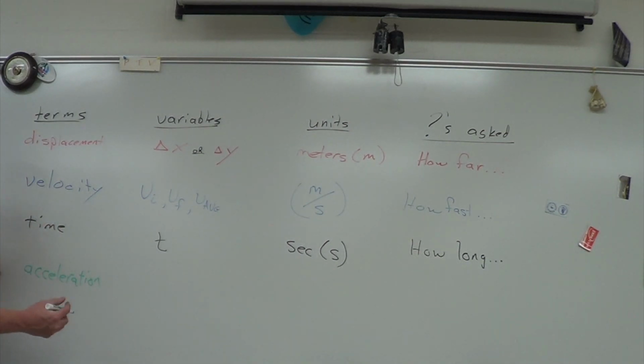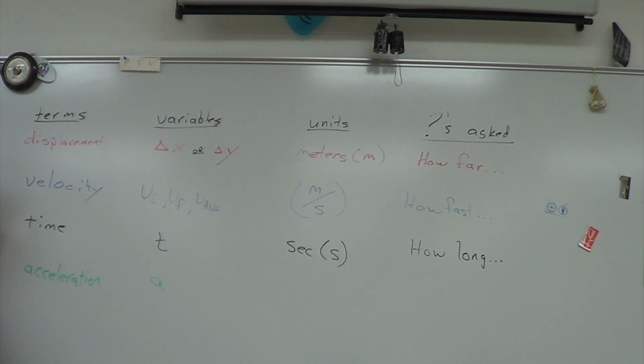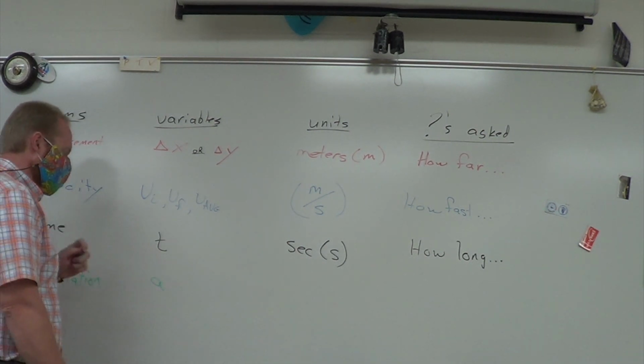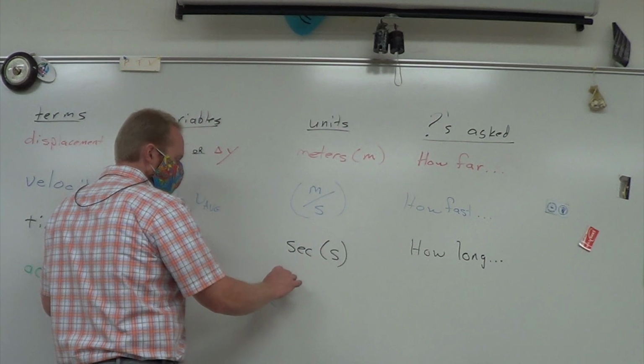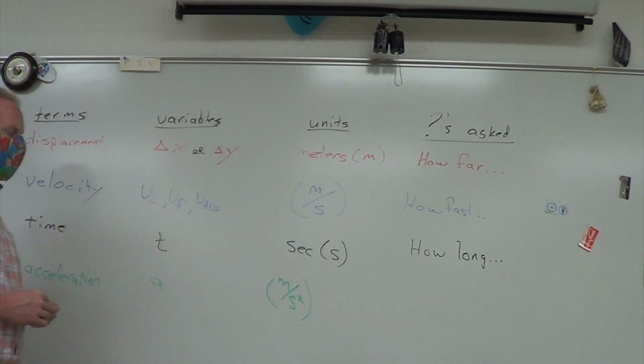And then our acceleration is the letter A. And there's two units we can use for it. Most of the time I give you units of meters per second squared, is how we say that. It's meters per second squared.